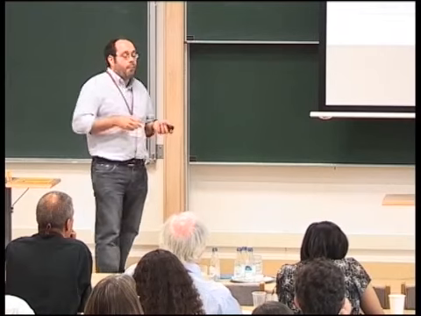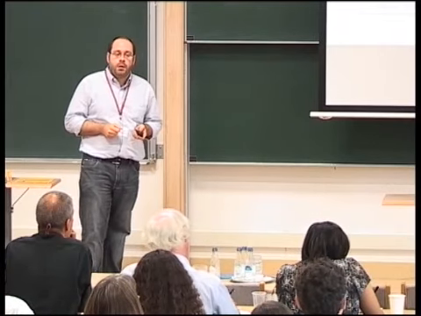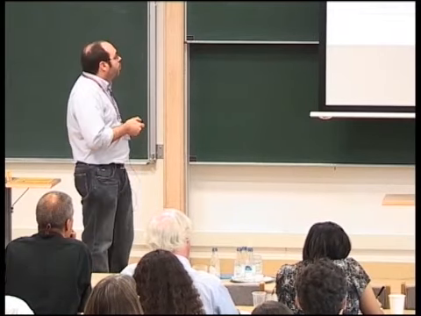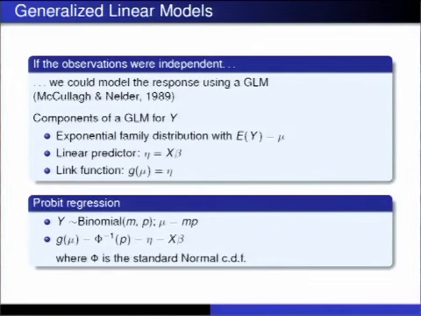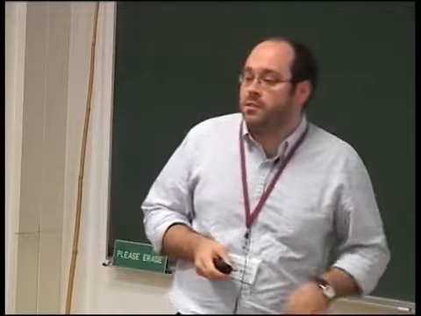So an example that might be appropriate for this kind of bearing experiment might be probit regression, where there could be some thresholding process that's deciding whether or not these bearings crack. So here Y would be a binomial. We'd have some number of trials, here it's 2, and some success probability P, and we'd relate the success probability back to our explanatory variables through a link function here, which is the inverse of the standard normal CDF.